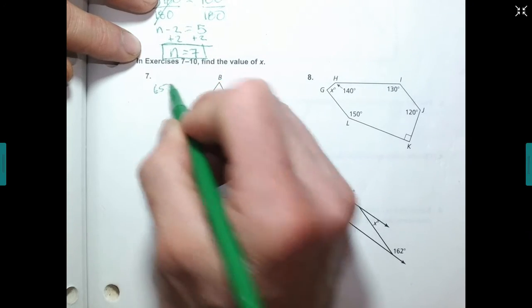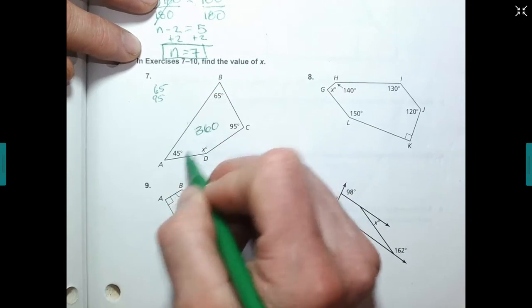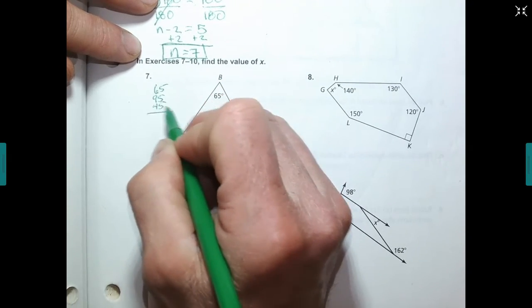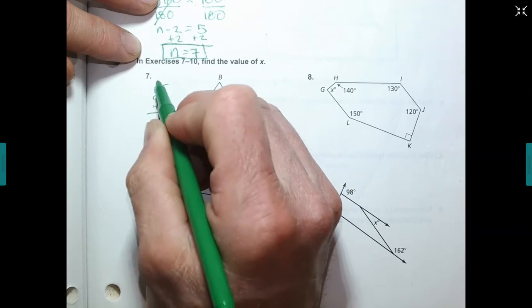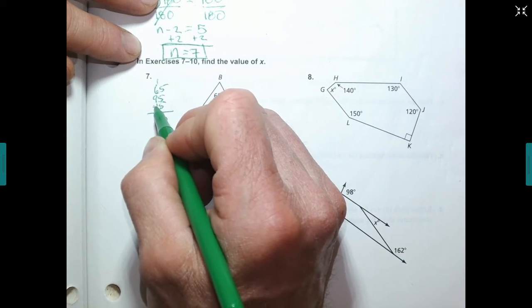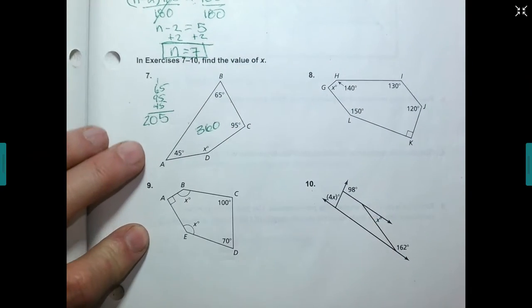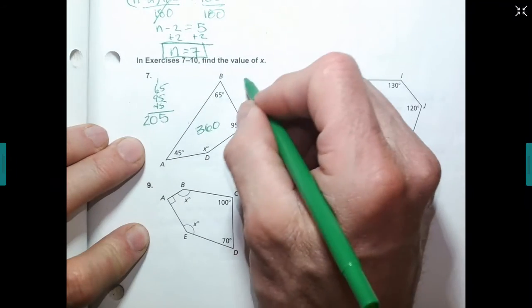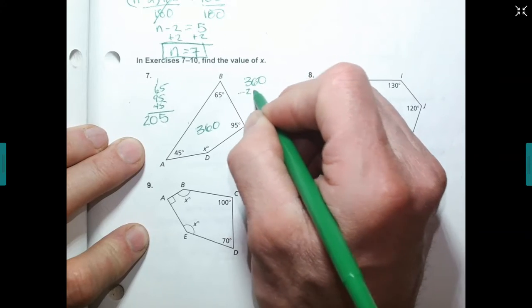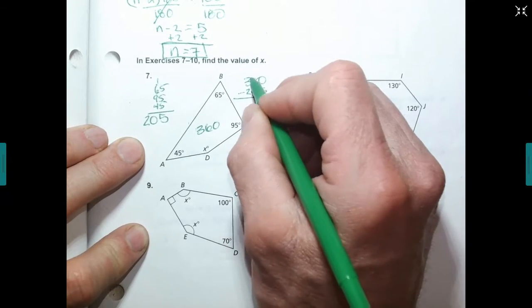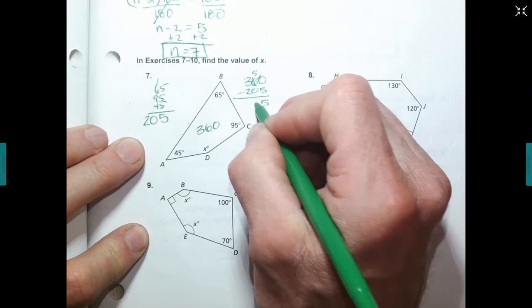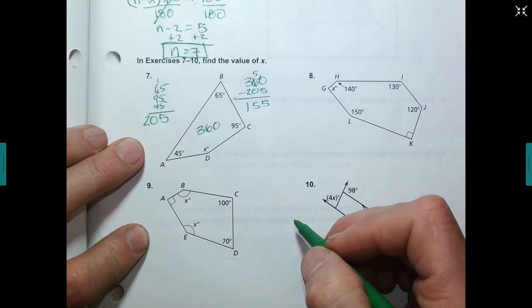65, 95, and 45. 5, 10, 15, 20. So I have 205. So now I do 360 minus 205, and I get 155.